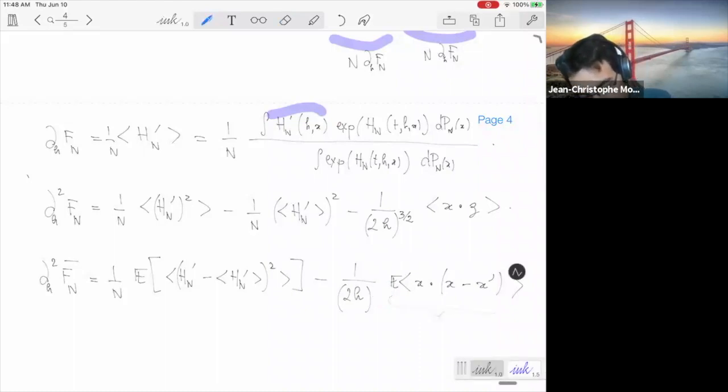And this is expectation of x squared minus x squared. So this is non-negative.